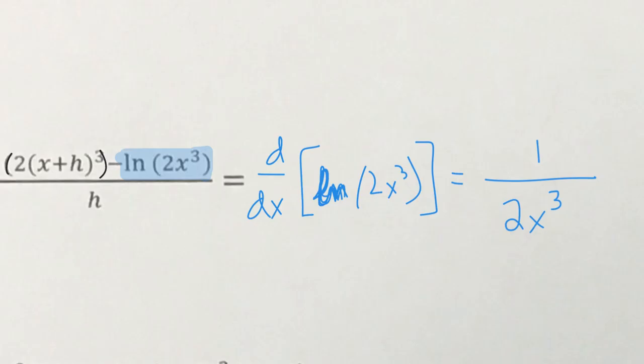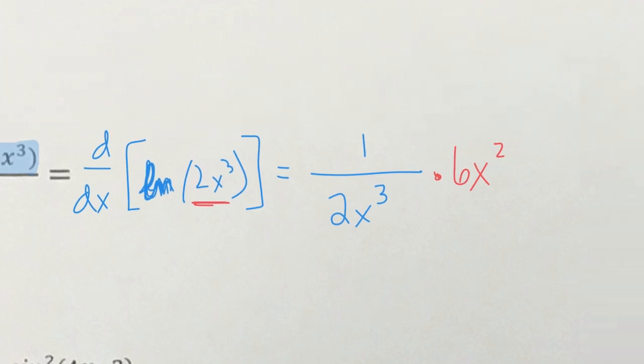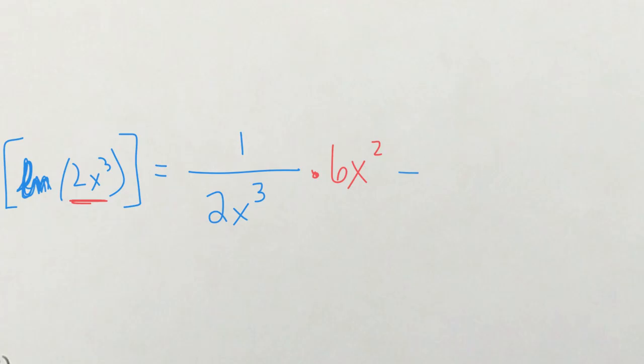And then we have to multiply it by the derivative of your argument. So what's the derivative of 2x cubed? 6x to the second power, 6x squared. Now let's see what kind of simplification we can do here. So we have 6x squared in our numerator divided by 2x cubed in your denominator.